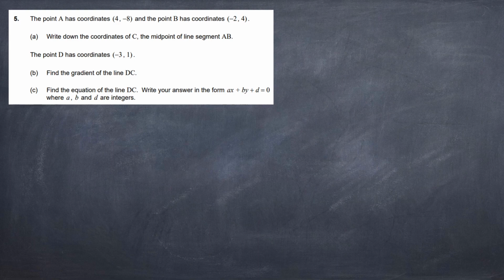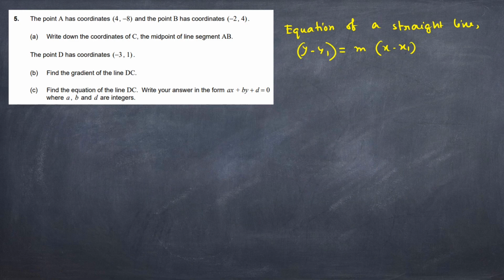For the equation of a straight line, we use the formula y minus y1 is equal to m into x minus x1.